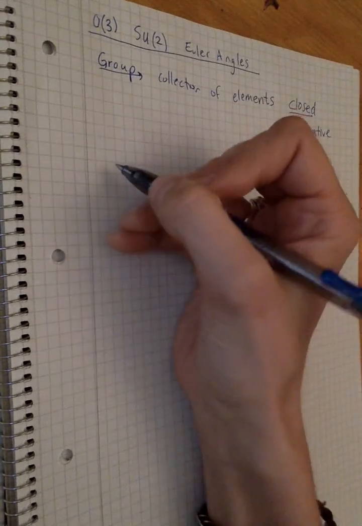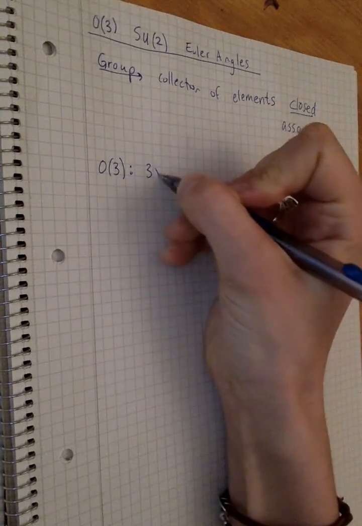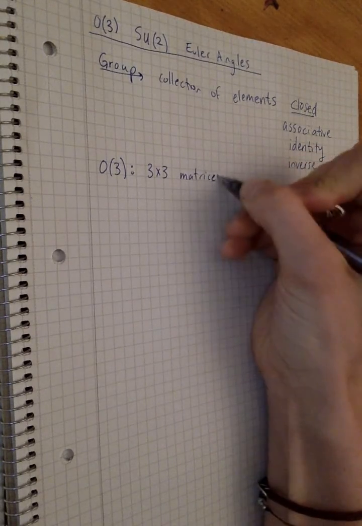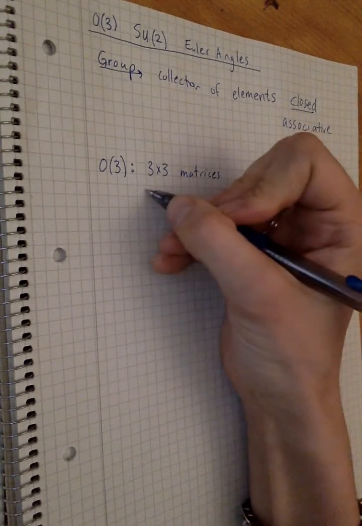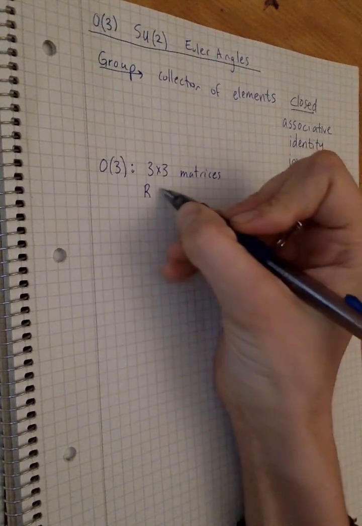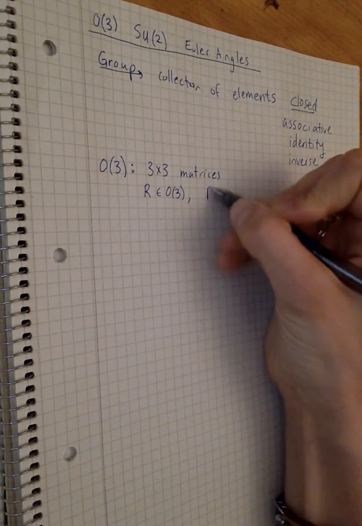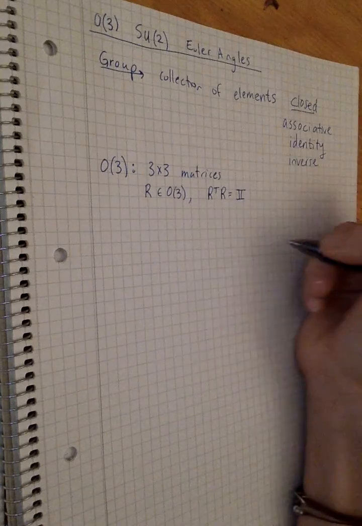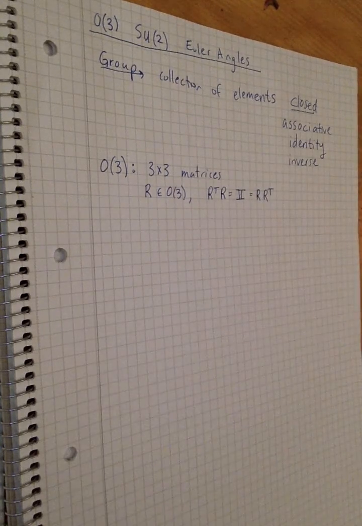O3 is the group of all 3x3 matrices which are orthogonal, where orthogonal is a property such that for R, some element in O3, R times its transpose is equal to the identity, and similarly R transpose times R is equal to the identity.